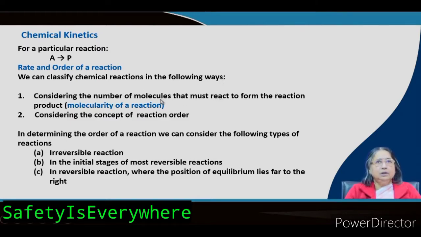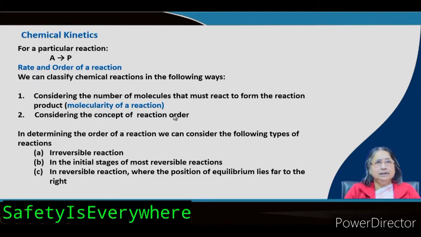So in terms of molecularity there may be a unimolecular reaction, a bimolecular reaction, or a termolecular reaction, but the order has to be determined by experiment. We cannot tell directly from seeing a balanced equation whether the order of the reaction is 2, 1, or 0.